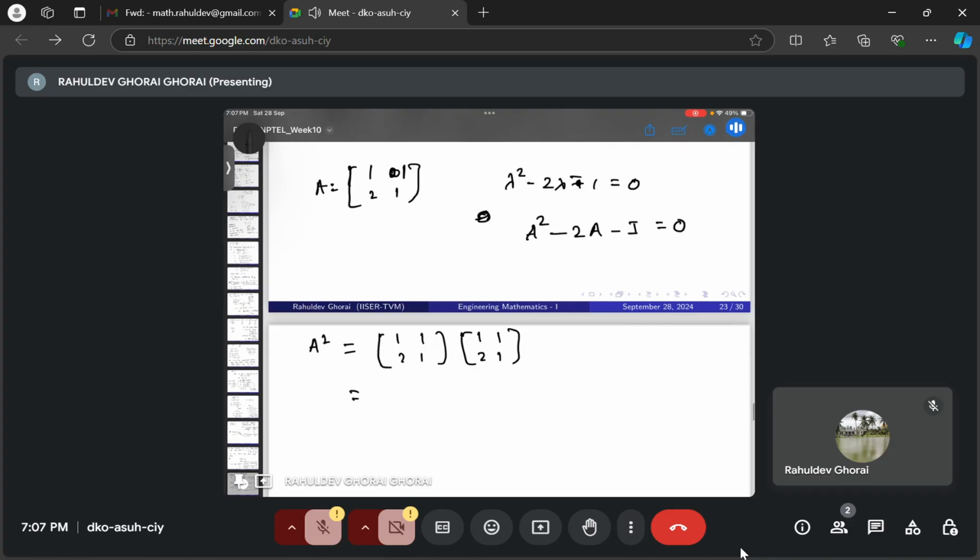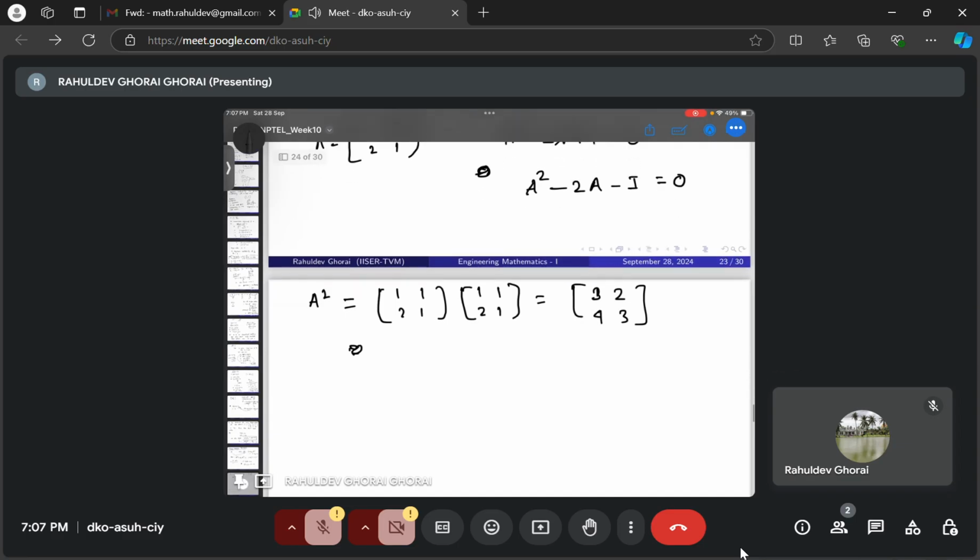If you multiply that, it will be [[3,2],[4,3]]. Then minus 2A, I mean plus 2 into identity, that will be [[2,2],[4,2]] with the sign flipped, and if you add the identity matrix, [[1,0],[0,1]], that is nothing but [[3,2],[4,3]], right?